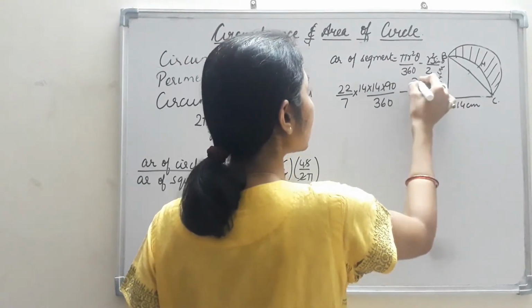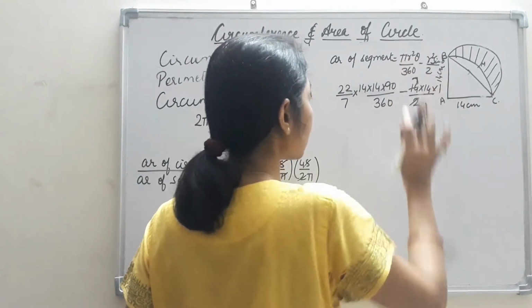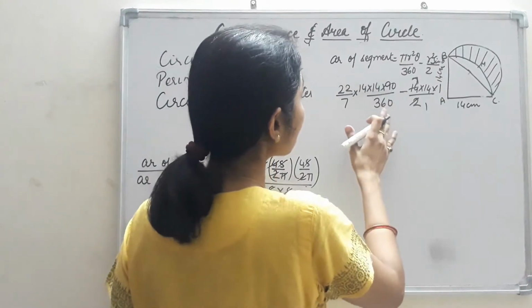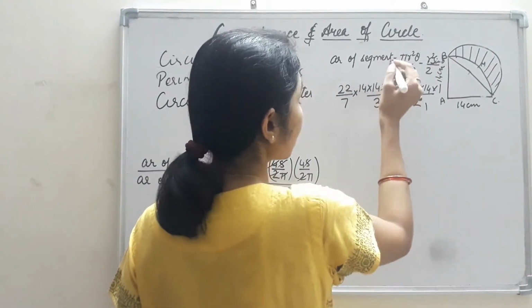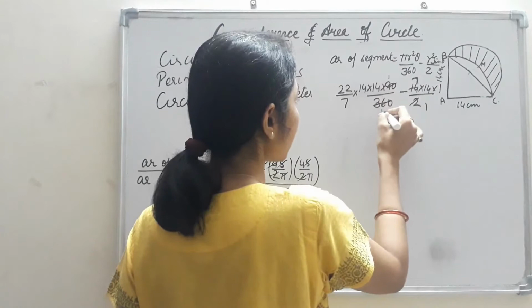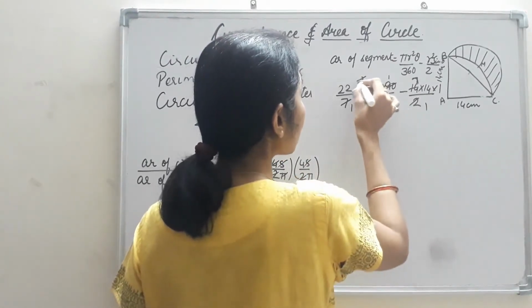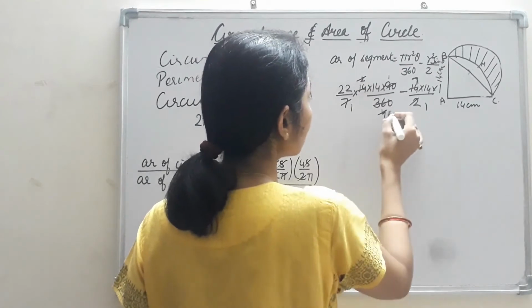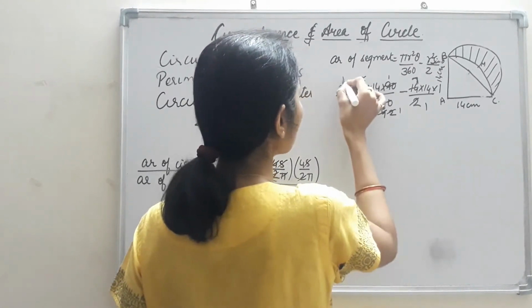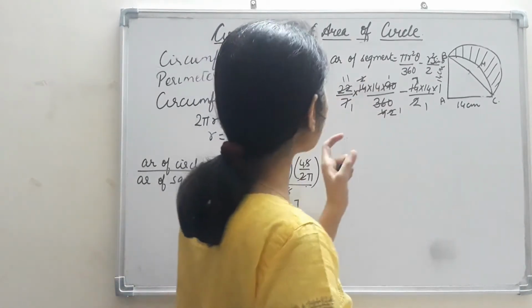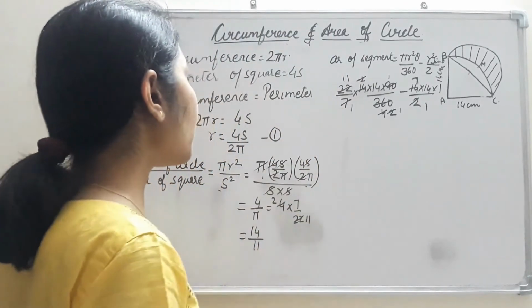So 2 ones are and 2 sevens are, this simplifies here itself. And here, 90 ones are and 90 fours are. Seven ones are and seven twos are. The 2 cancels, and here also 2 twos are and 2 elevens are. So here we have 11 multiplied by 14.